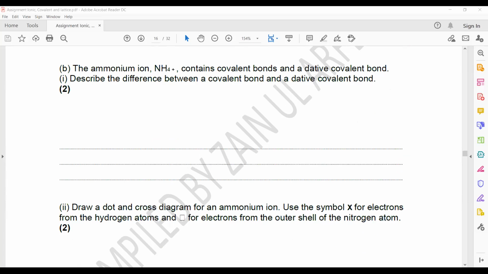A covalent bond is formed by a sharing of electrons, and the bonding electrons come from both atoms. But in a dative bond, the bonding electrons come from one atom only.